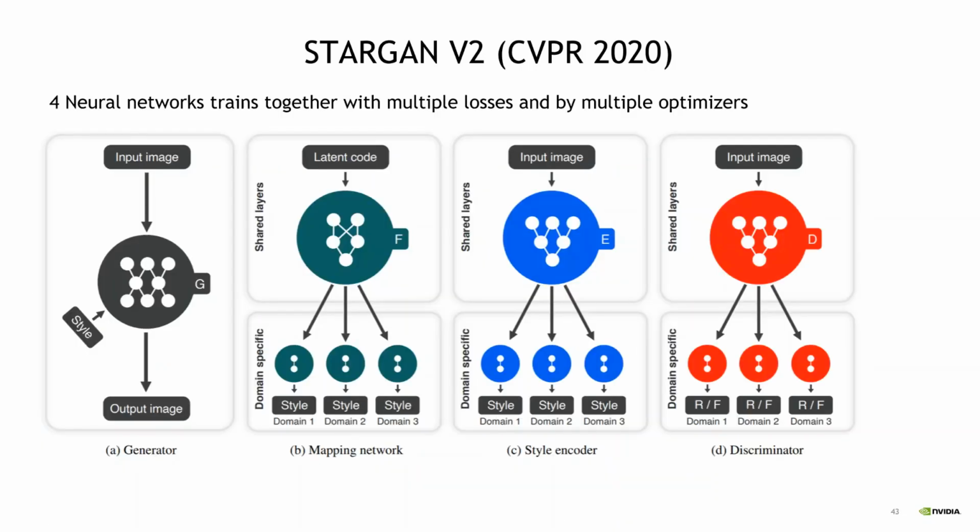There are 4 different neural networks that train together in StarGAN version 2 to transfer images. The generator translates an input image into an output image, reflecting the domain-specific style code. The mapping neural network transforms a latent code into style codes for multiple domains, one of which is randomly selected during training. The style encoder extracts the style code of an image, allowing the generator to perform reference-guided image synthesis.